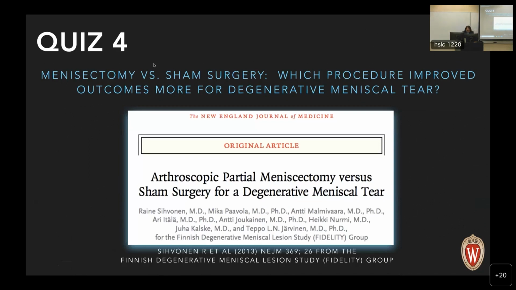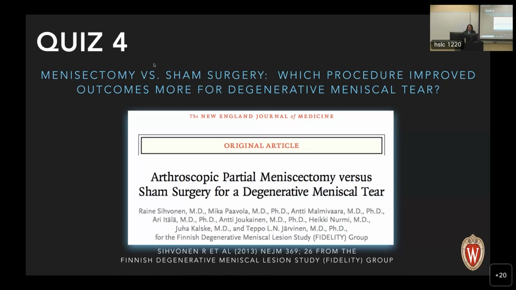And then the good people of Finland donated their knees to science. There were about 200 some odd patients enrolled in this. Half of them were given an actual meniscectomy for their meniscal tear, and the other half were given sham surgery. So they actually put the scopes in, blew some saline around, and pulled the scopes out for the sham surgery group.